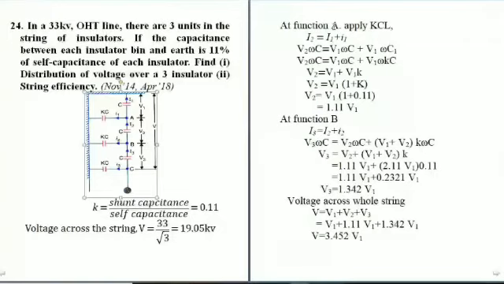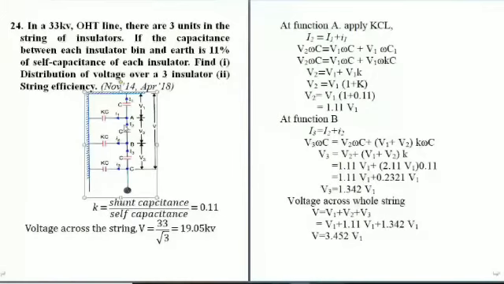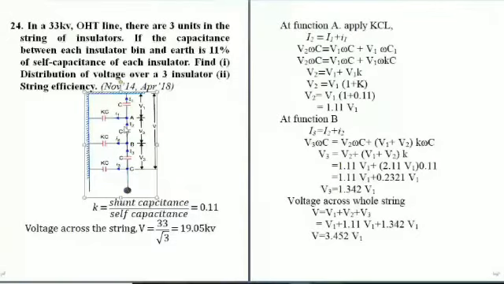That KCL has to be applied at point A. At point A, if you see, the current entering the node A is I2. See the diagram. The current entering this node is separated into two branches, I1 and small I1.